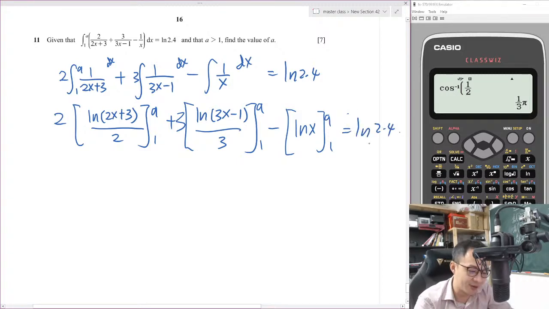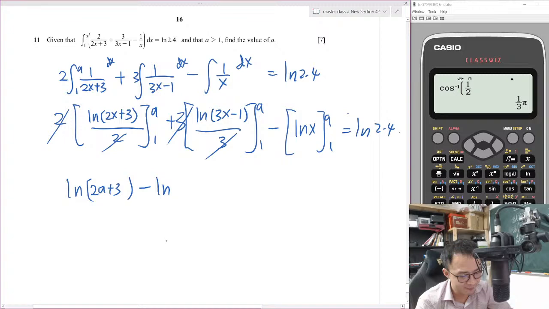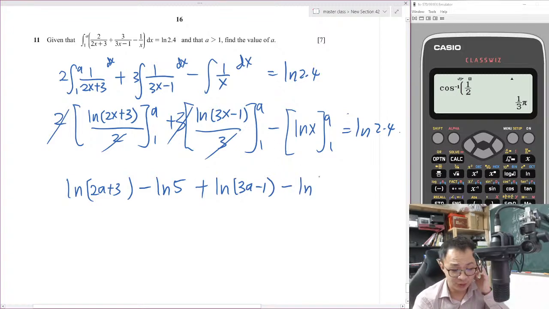Alright, I kind of need to solve this 7-mark question. 2 and 2 I simplified, 3 and 3 I simplified. The examiner tricked you quite well because there are fewer fractions now. So I have ln of 2a plus 3 minus ln 5, plus ln of 3a minus 1 minus ln 2. 3 minus 1, right?